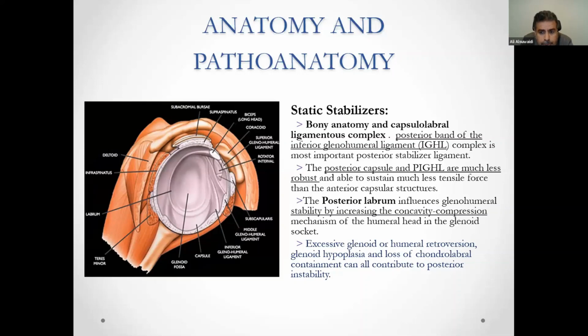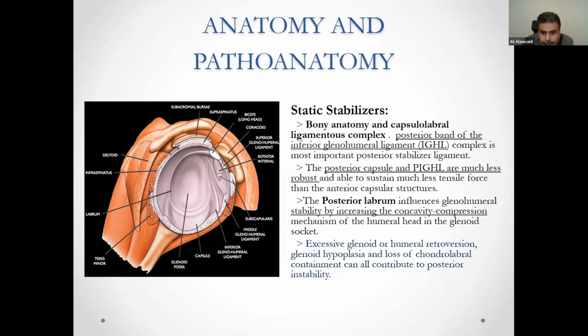Also, the posterior capsule is not as robust as the anterior capsule. So I see the tissue posteriorly as weaker than the anterior structures. I've also seen that the posterior labrum is often not as thick or as well developed as the anterior labrum.